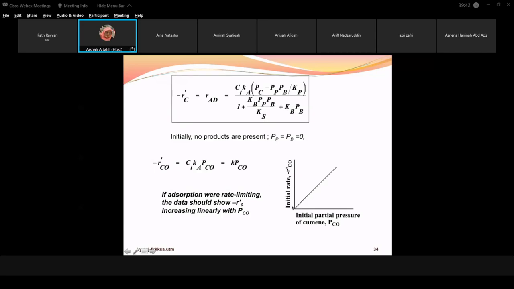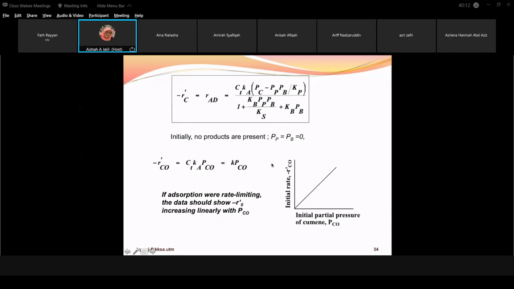So like I said, you will usually have a set of data in a table, and then you have to determine which one is the rate limiting step for the reaction. So if you get the correct rate limiting step, the data should match with the graph.